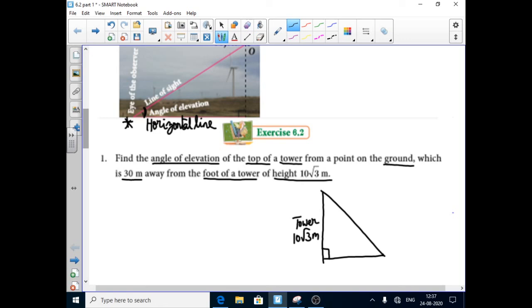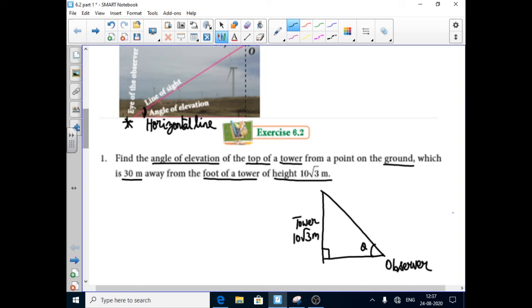They ask to find the angle of elevation. The observer is standing here, raising his hand to see the top of the tower. Looking from below to above, I take this angle as theta. This is the angle of elevation.